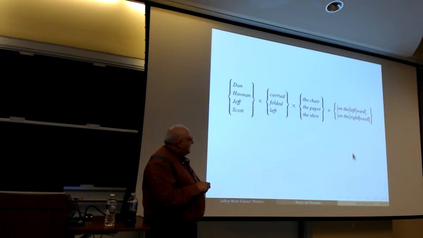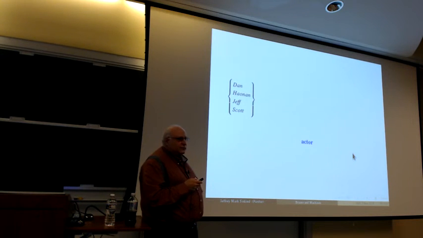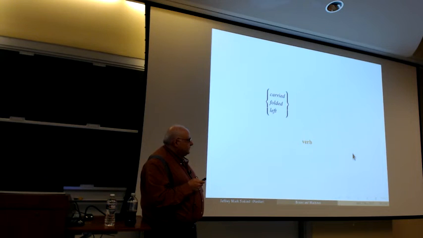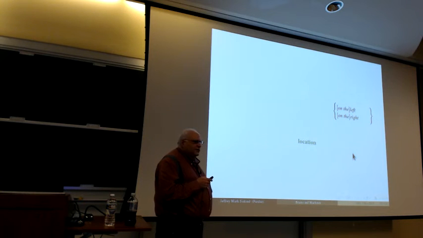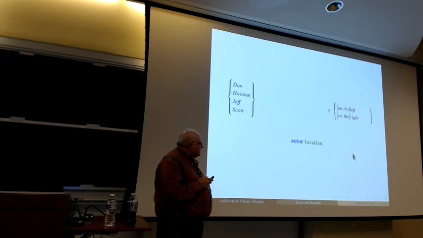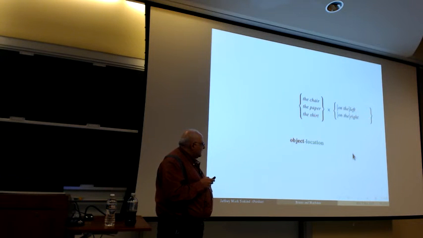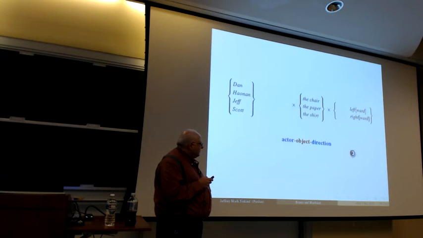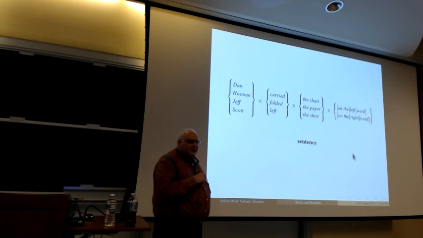And we have a balanced design with the same number of stimuli of each form shown to all subjects in randomized order. And we can build classifiers to read out the subject, the verb, the object, the direction, and the location. But we also can build classifiers to read out pairs, actor-verb, actor-object, actor-direction, actor-location, verb-object, all possible combinations, and triples, all possible combinations, and even the whole sentence.